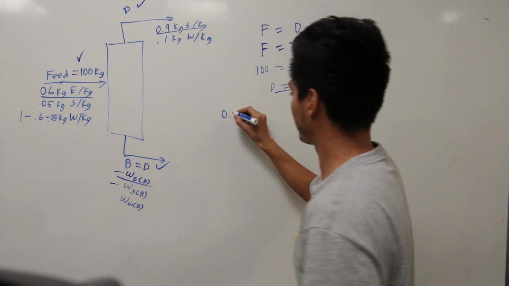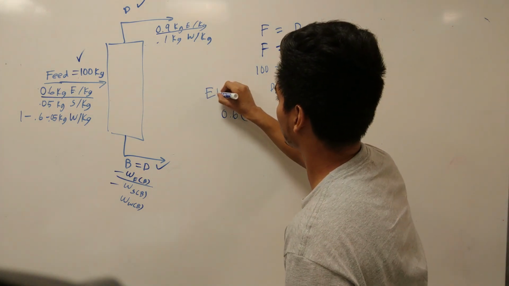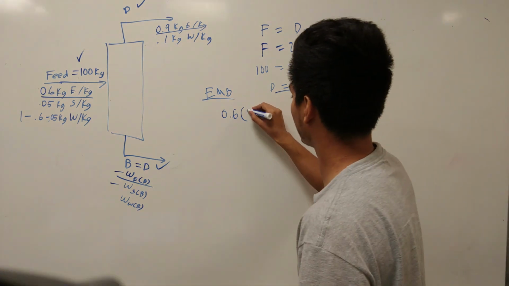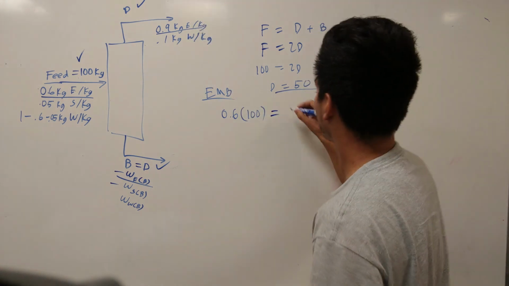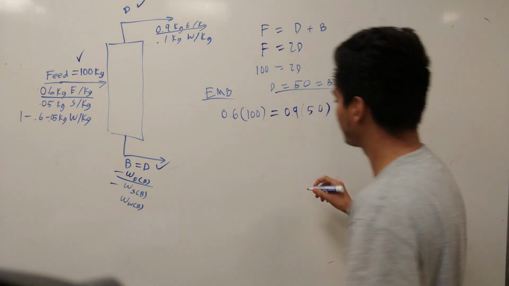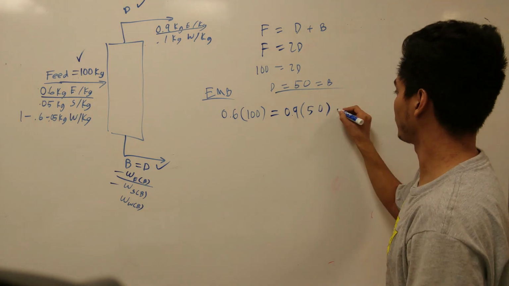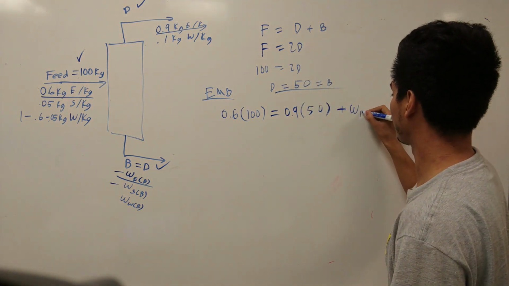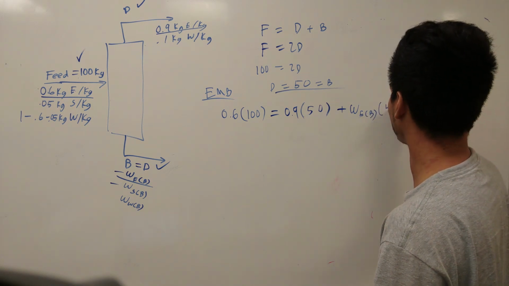So we have 0.6 times 100, this is going to be the ethanol mass balance down here. 0.6 times 100 is equal to 0.9 times the distillate, which we got as 50, plus the mass fraction of ethanol in the bottom, times the bottoms again, which is 50.